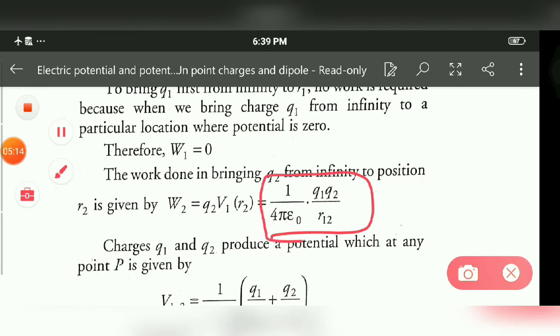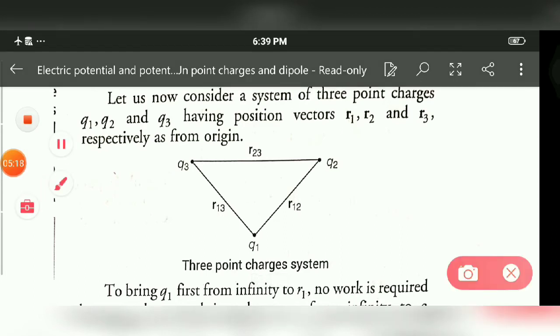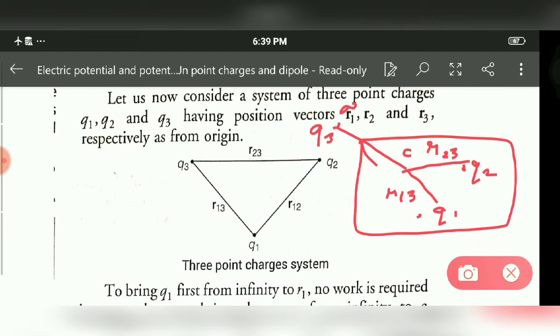Now let's talk about the third charge. Charges q1 and q2 are already in the system. Now we have to bring charge q3 from infinity to point C, which is at a distance r13 from charge 1 and at a distance r23 from charge 2.